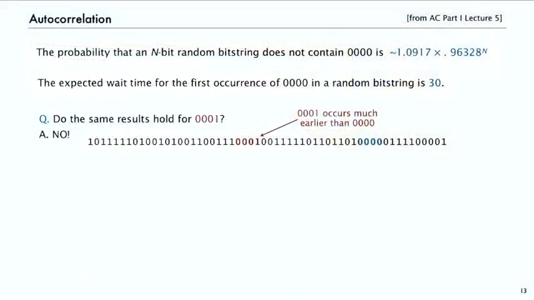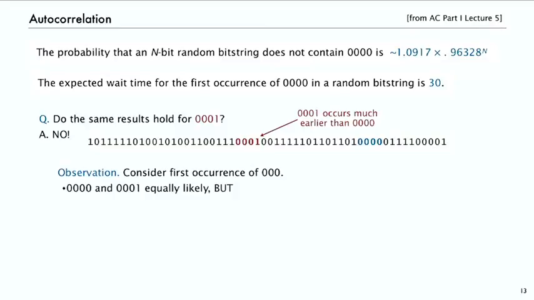For example, 0001 occurs much earlier than 0000. Just to get a little intuition for that, consider the first occurrence of 3 zeros in a row. It's equally likely that 000 and 001 happen after that.